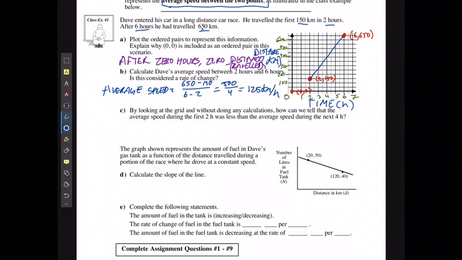By looking at the grid without doing any calculations, how can we tell if the average speed between the first 2 hours was less than the average speed in the next 4 hours? Well, in the first 2 hours, I went from this point to this point. In the second 2 hours, I went from this point to this point. How do I know that the speed is faster in the next 4 hours?